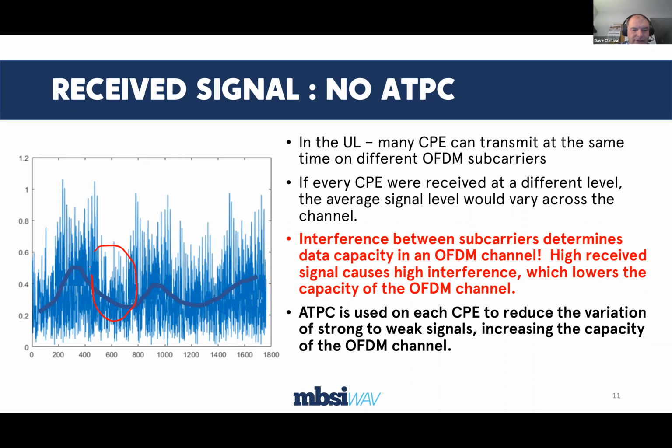These subcarriers here, there, and there are extremely difficult for the receiver to decode, with these subcarriers shouting as loud as they are. It makes it hard for the receiver to figure out what these are. These actually bleed over to here. The higher this level, the more these bleed into the weaker subcarriers.